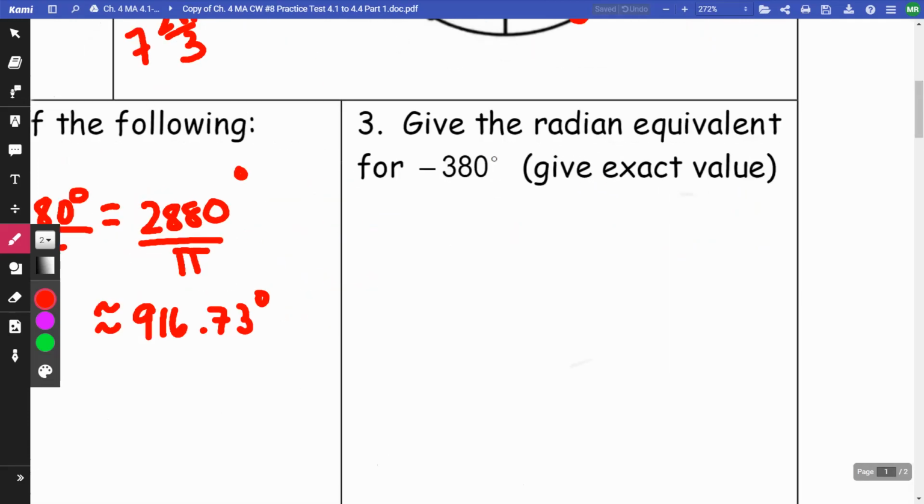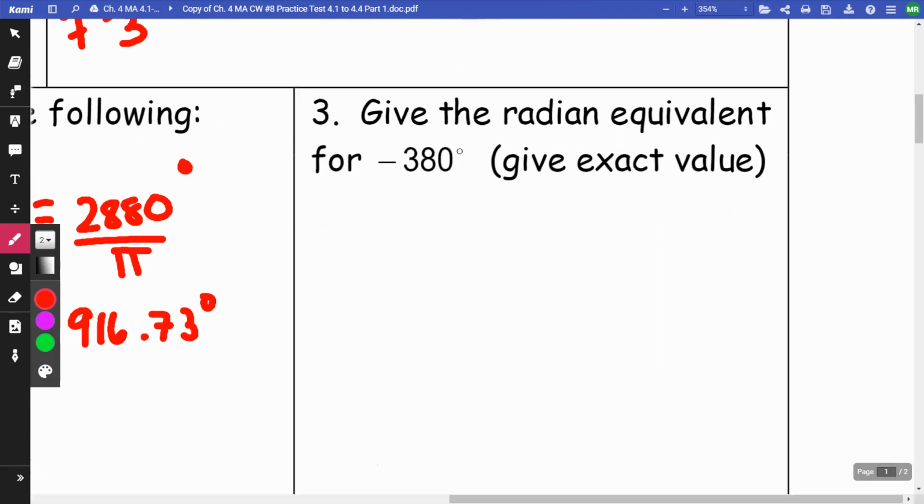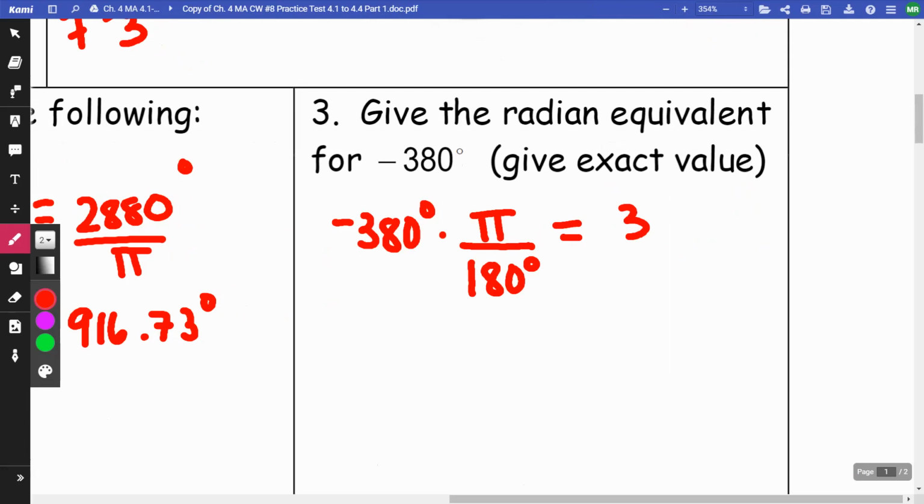On number 3, give the radian equivalent for negative 380 degrees. They want an exact value for this. So negative 380 degrees, I'm going to times it by pi over 180 degrees. So I'm going to get a negative 380 pi over 180.